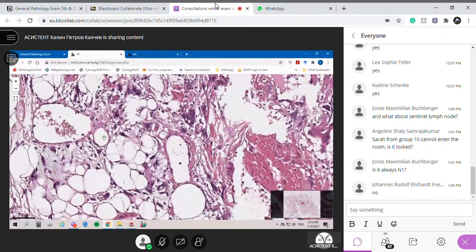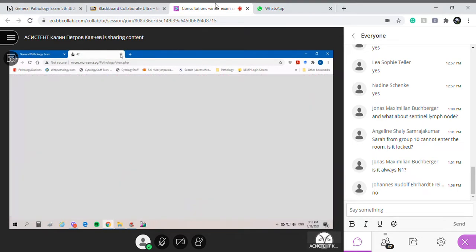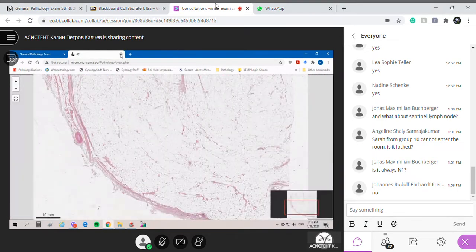So it is a liposarcoma. We cannot even discuss the infiltrative growth here because it is not possible.